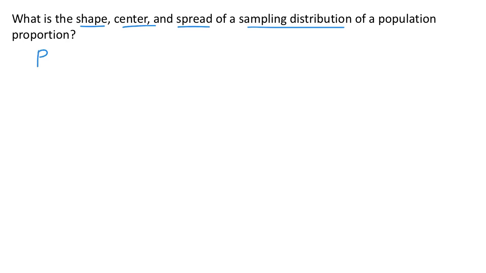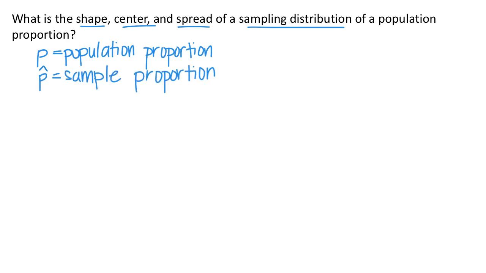Just some notation at the beginning: p represents the population proportion. When we take a sample and get a sample proportion, the symbol we use for that is p hat. So that means the sample proportion.